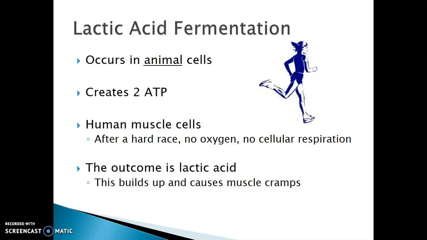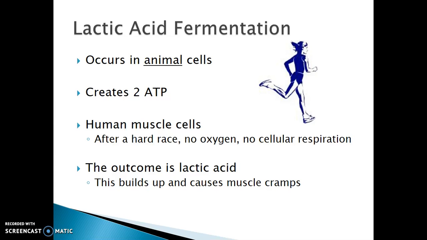When you run as hard as you can, you ran a marathon, you're pushing way past your breaking point, you are creating an oxygen deficit in your muscles because your muscle cells are using oxygen to create lots of ATP to help you run. But what's happening is your muscle cells are using oxygen at a faster pace than you can supply new oxygen to them.